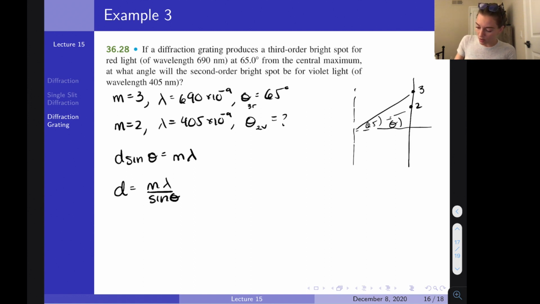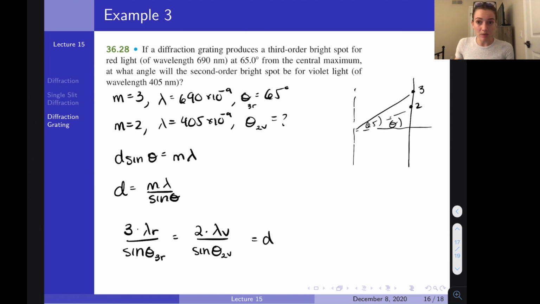So what I can do is say, for the case of red light, 3 times lambda red light over sine theta, third order red, is equal to 2 times lambda violet light divided by sine theta, where we're looking at the second order violet angle, because these are both equal to d, right? And I know d is the same for both of them.